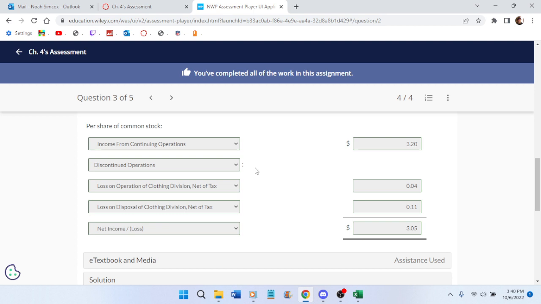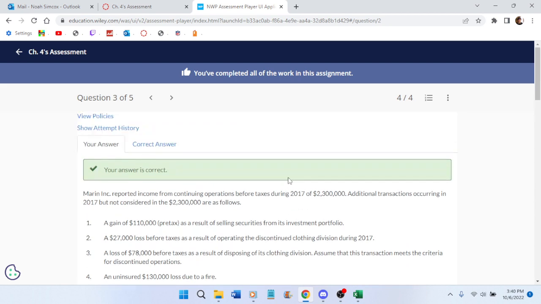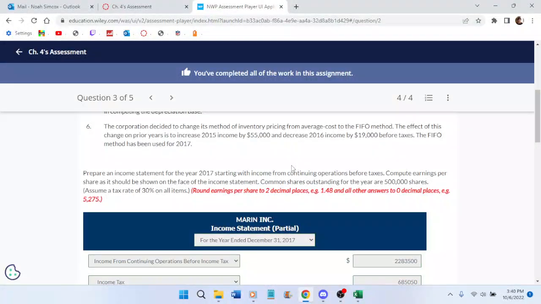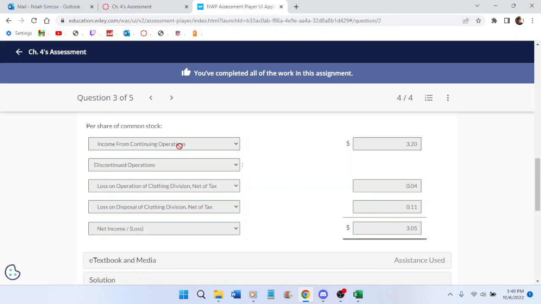Why? Now this one I was able to get right because they didn't have any preferred dividends to worry about. So it was actually very easy to do these. Why do they do this? Gosh. The two separate discontinued operations are separately calculated EPS, net income.